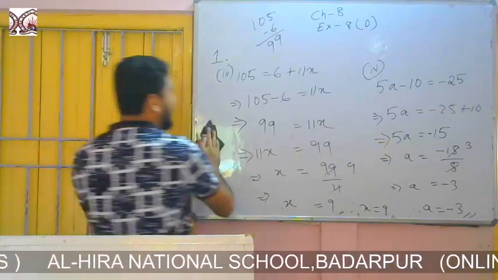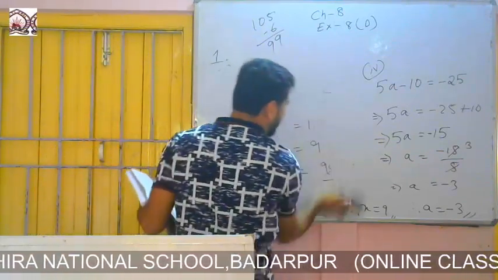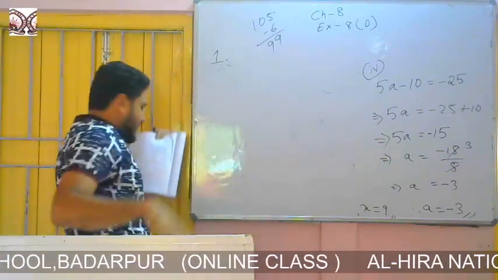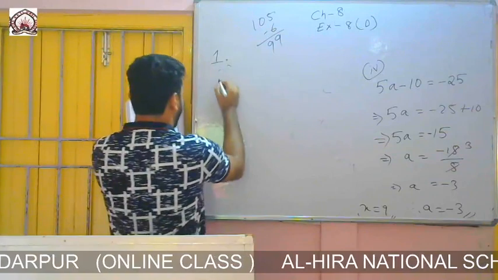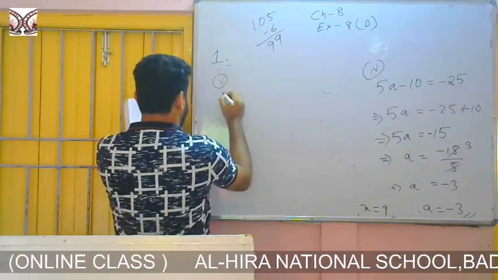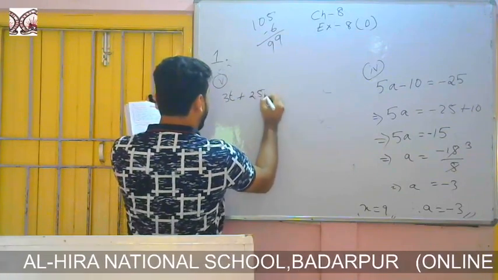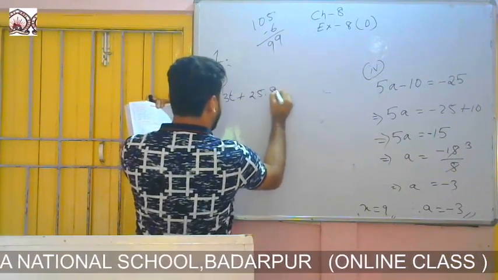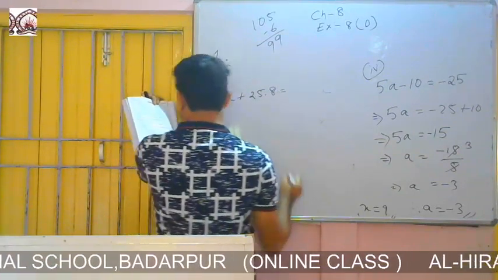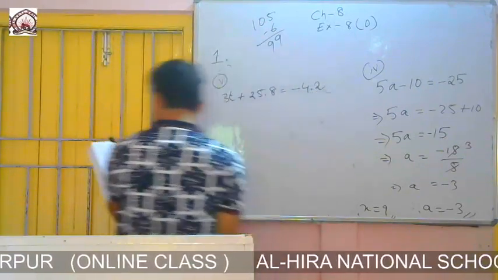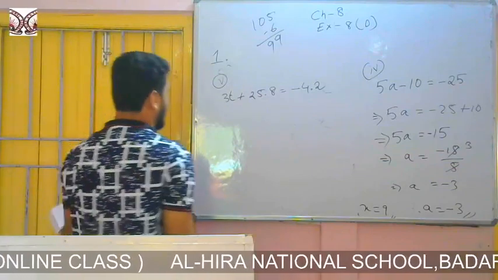Now come to question number 5. Question number 5, you see: 3t plus 25.8 equals minus 4.2.